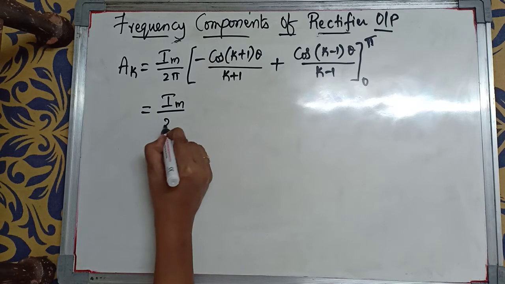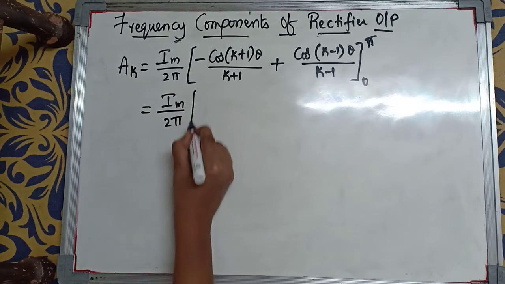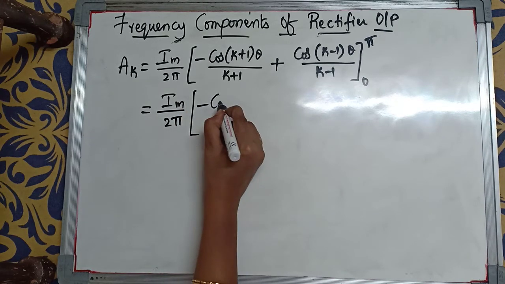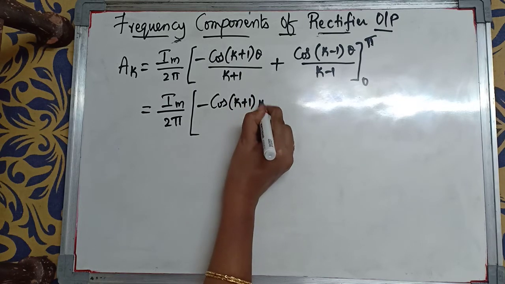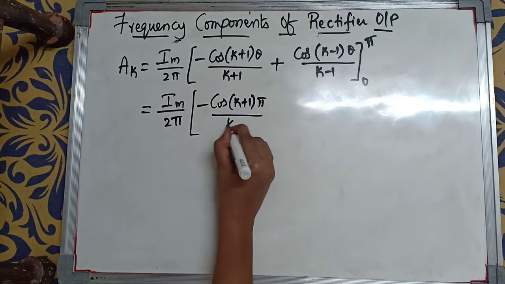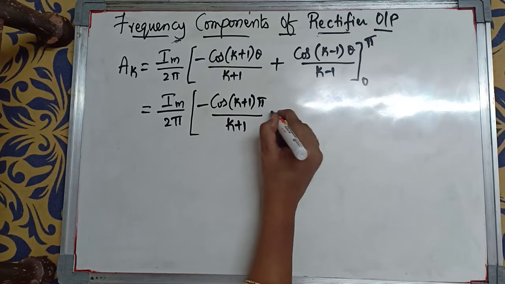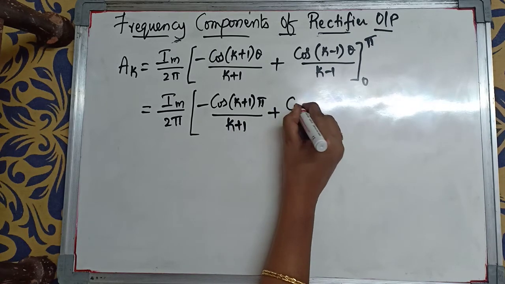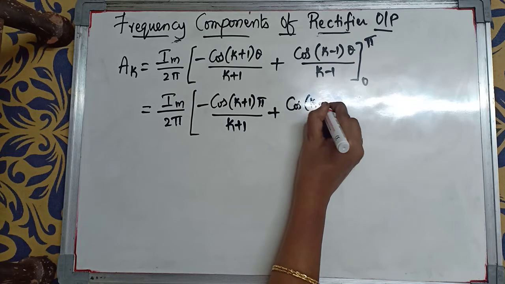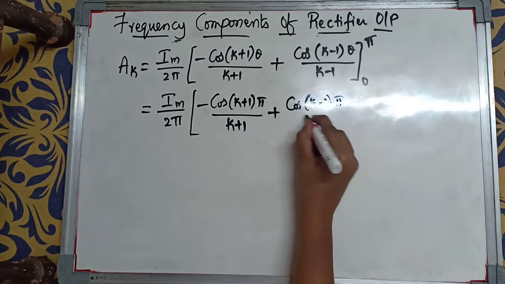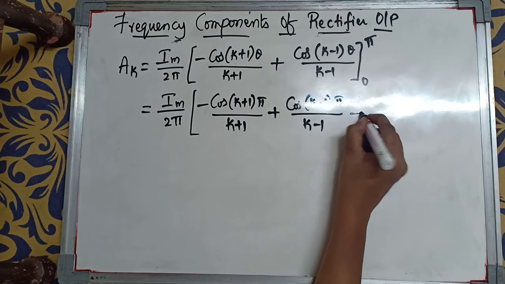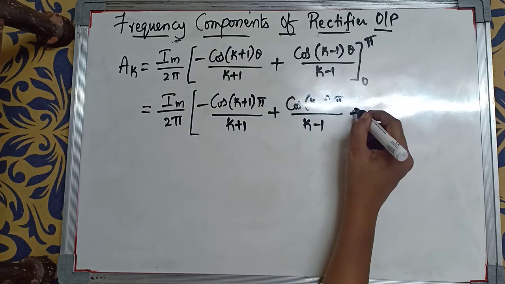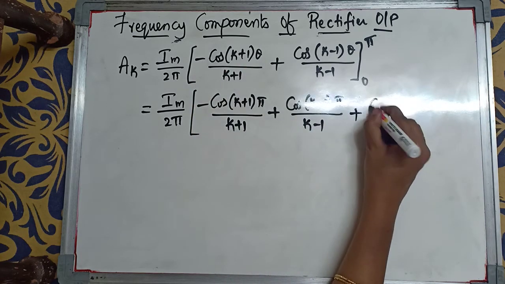Let us substitute the upper and the lower limits for this equation. So we get Im by 2 pi into minus cos k plus 1 into pi by k plus 1 plus cos k minus 1 into pi by k minus 1 minus, again here we have a minus, so this will become plus.